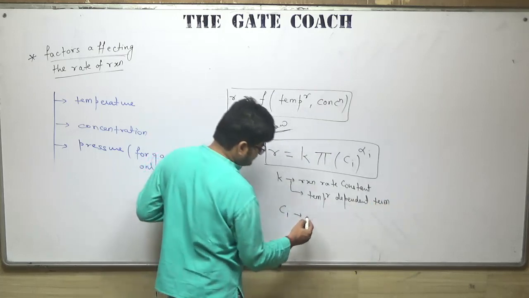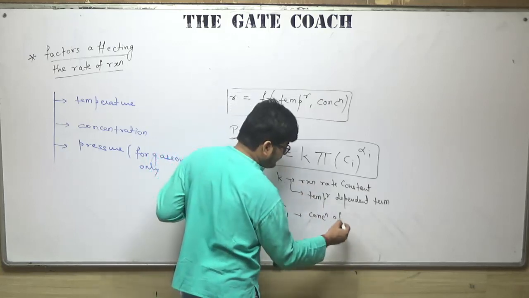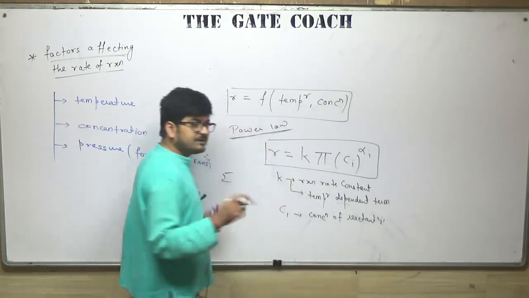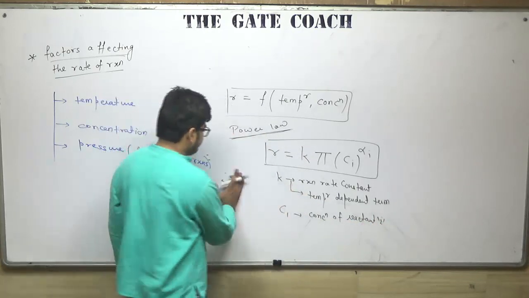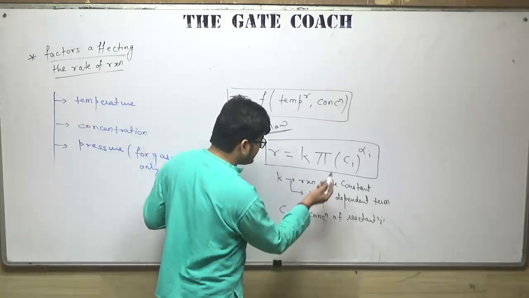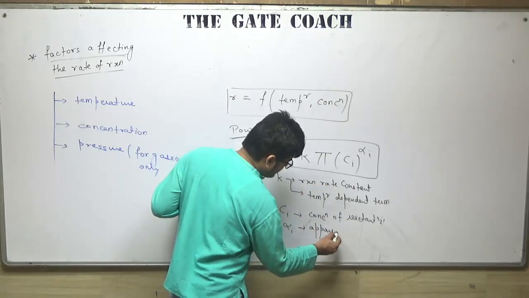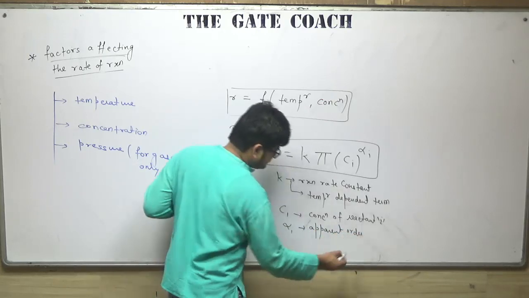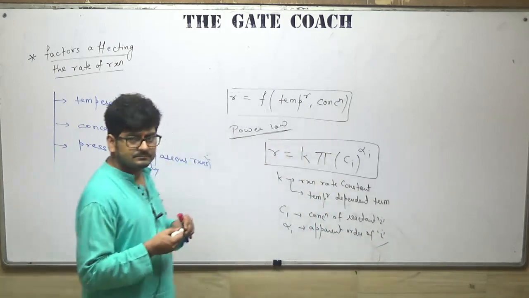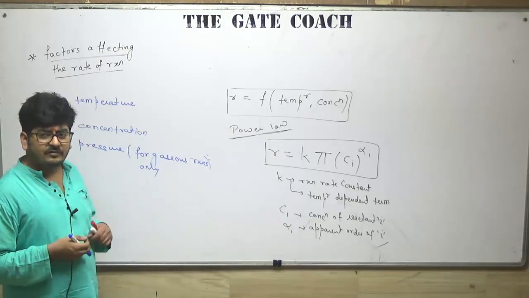Ci is the concentration of reactant i which is participating in the reaction, obviously. Not the product, it is the concentration of reactant i only. And alpha i is the apparent order of component i. Now, what is the value of alpha i?